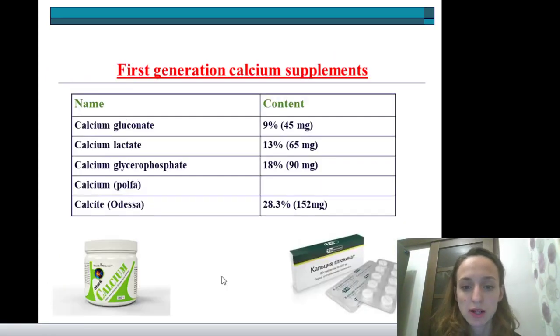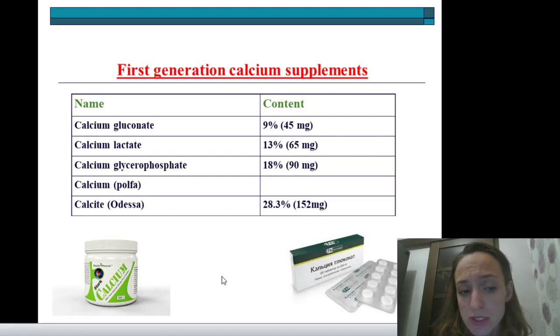First generation calcium supplements, you can see here the name and content of medication. So first it was calcium gluconate, calcium lactate, glycerophosphate, and percent from this medication.